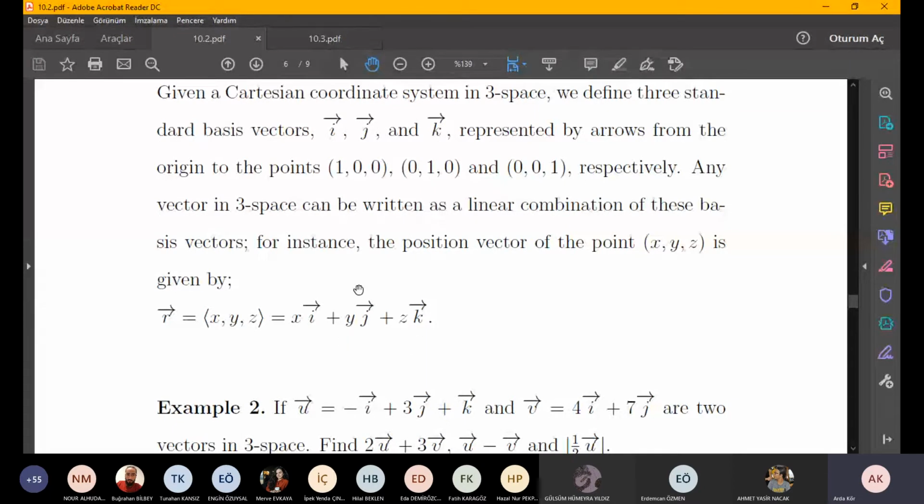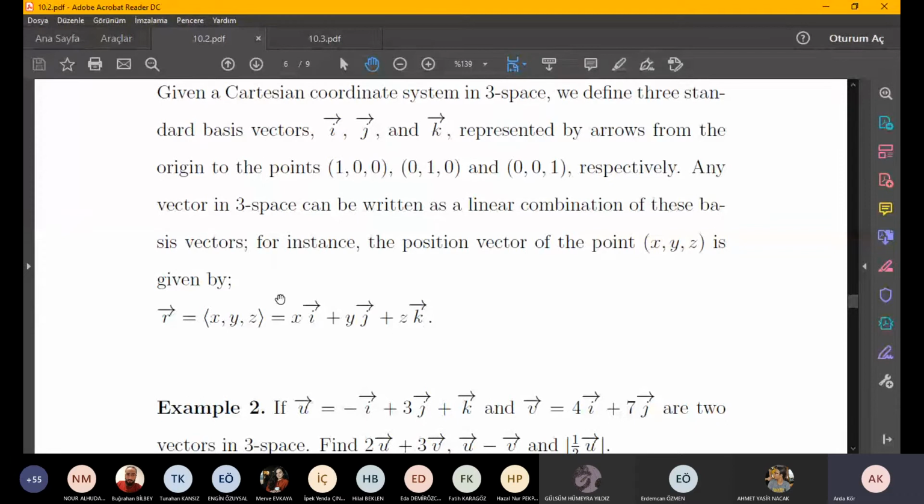You can find the same vector by using the algebraic properties that we have seen above.